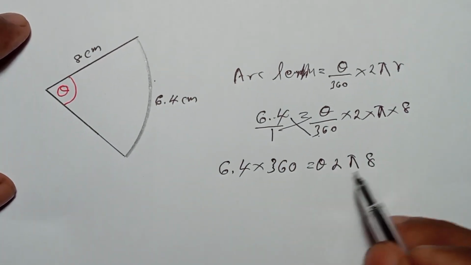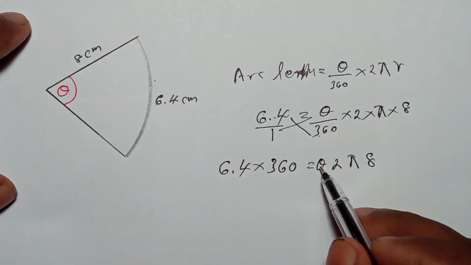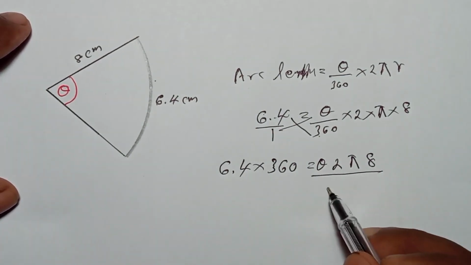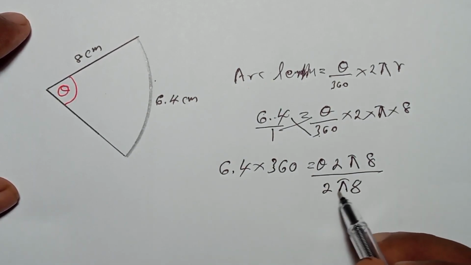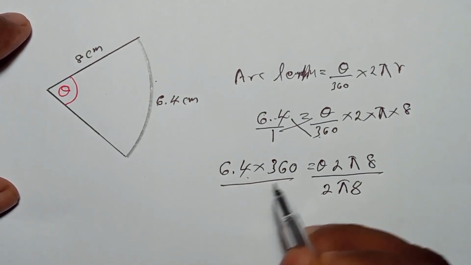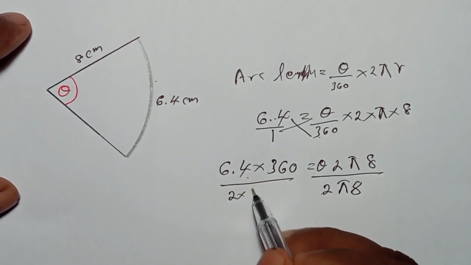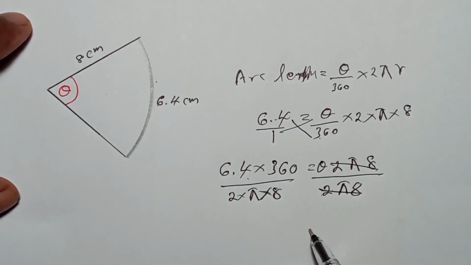So we need to get the value of theta, so divide both sides by 2 pi 8, and this side also divide by 2 times pi times 8, and then you can get the theta value.